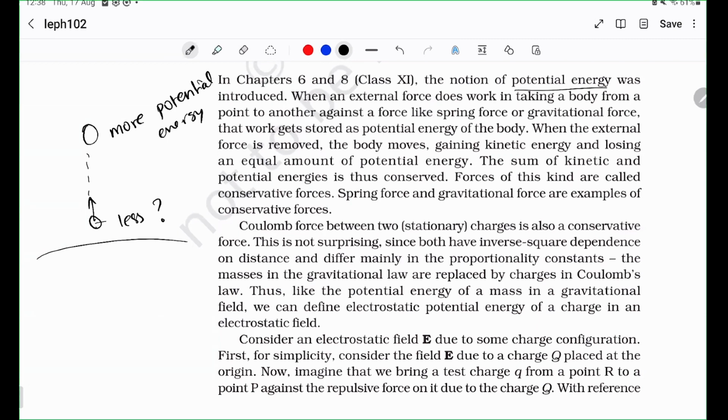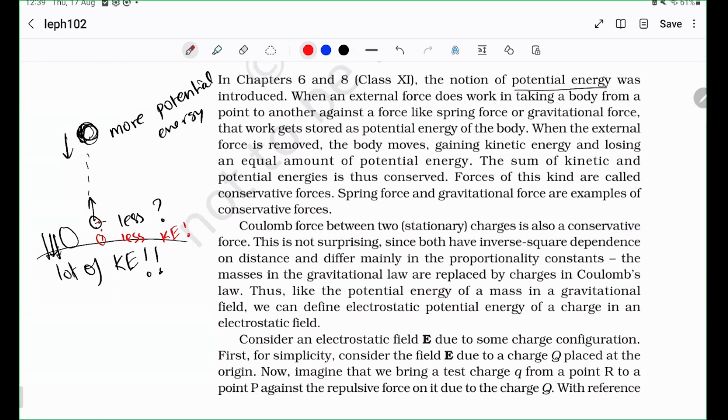That's because now that the ball is very high, it can be made to fall down, and a lot of kinetic energy can be extracted from it because it's falling down at a very high speed. Whereas a low ball will only fall at a very small speed, so there's a very small amount of energy that you can extract from it. So that is the definition. That's what people mean when a body has more potential energy.